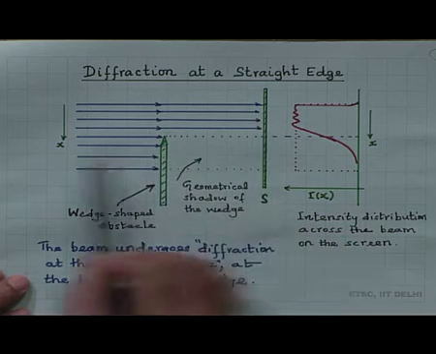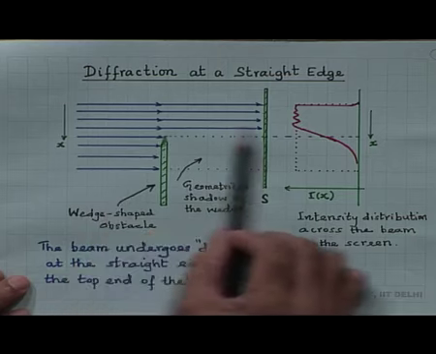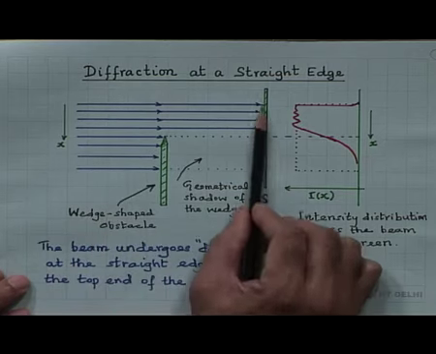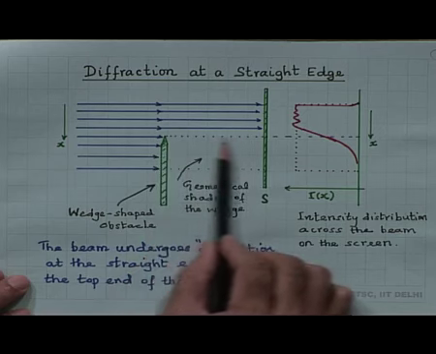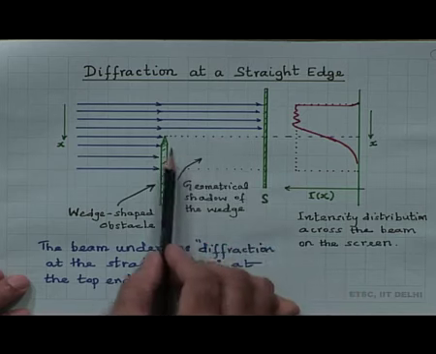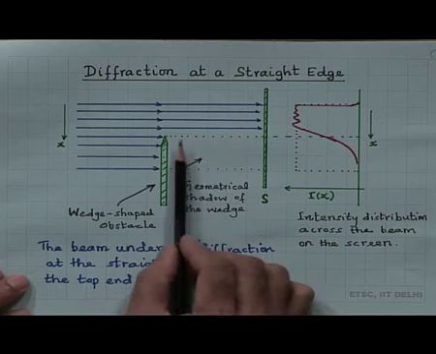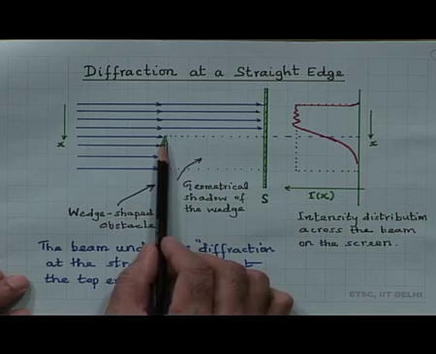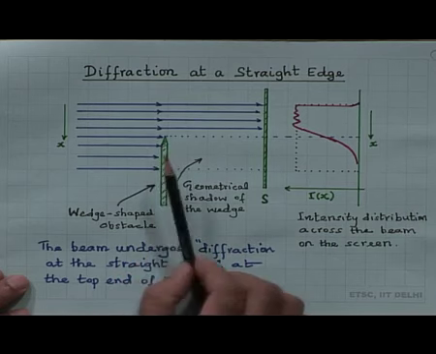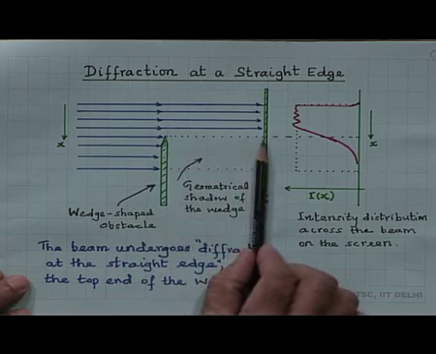Considering ray optics, or the rectilinear propagation of light, what we expect here is that half of it is bright and half of it is dark, because the area below this dotted line is blocked by the obstacle, and therefore we should get a shadow here.